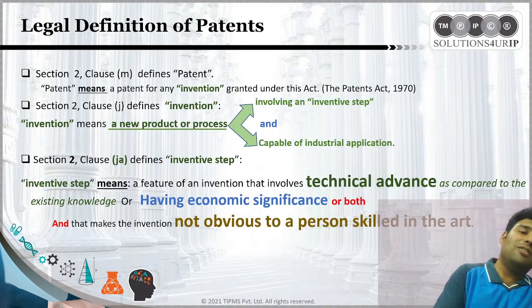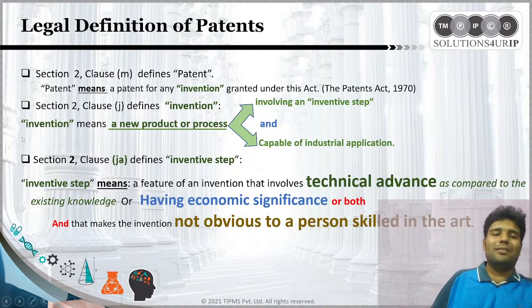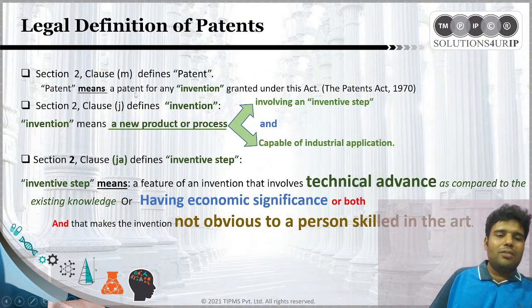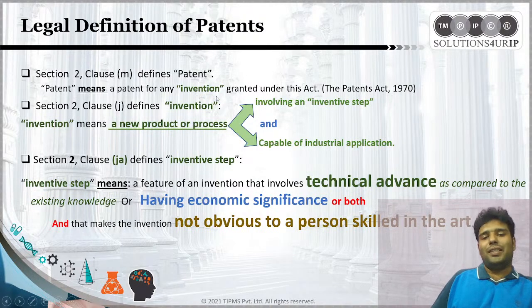See, the definition also includes the word patent. The legal definition does not bother to explain what is patent here. It says patent means a patent for any invention granted under this Act. If there is any invention and it has been granted as a patent, that is a patent.